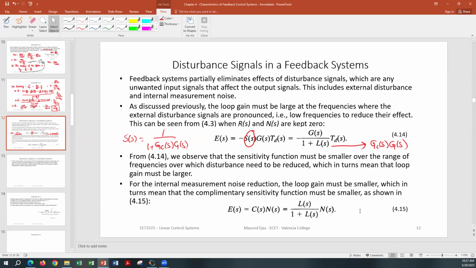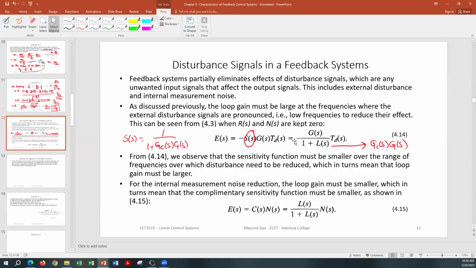So once again, it comes down to the same thing: the loop gain has to be large at the frequencies where you want to reduce the effect of the external disturbance T_d, and the loop gain has to be small over the frequencies where you want to reduce the effect of internal noise N(s). So again, it comes down to frequencies.